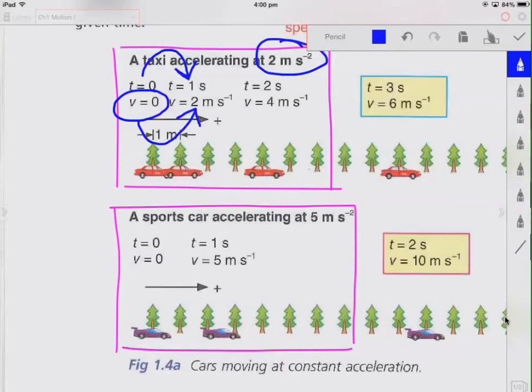It is the meaning of increasing 2 meter per second in 1 second. And after another second, the speed increased by 2 for every second. And this is the meaning of acceleration, 2 meter per second squared.